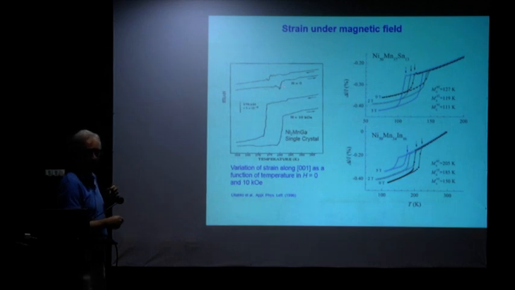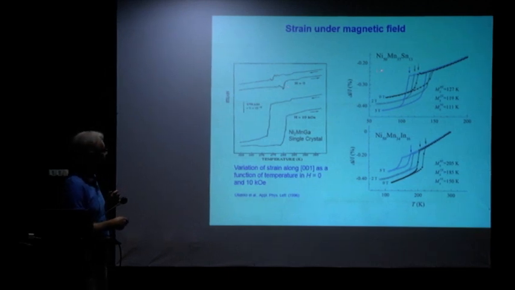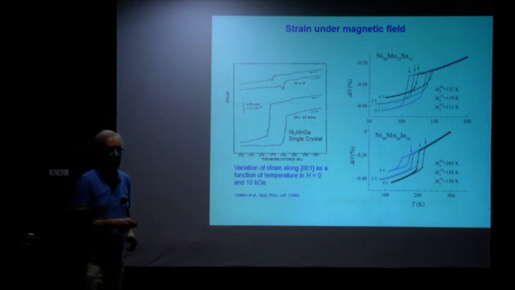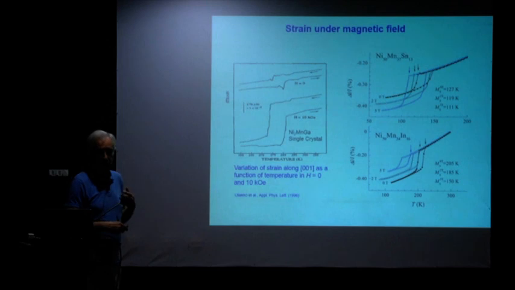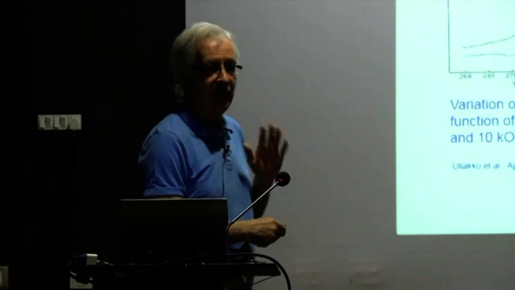There are some wiggles around the transition. In nickel manganese tin, in zero field, we see that there is a decrease. So it appears that the length is getting smaller in the Martensite state. And the same thing is true for nickel manganese indium in zero field. So here we have a decrease, and here we also have a decrease. Now, what does this decrease tell us?